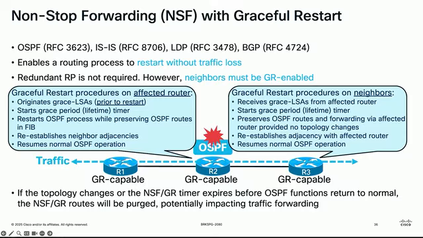Once you have NSF enabled and you have GR-capable devices, in this picture, for example, R2, which is running OSPF, would send the Grace LSAs to its peering nodes and notify them, hey, I'm going to go down before the process restart happens. Now, peers know that this device is going to go down.